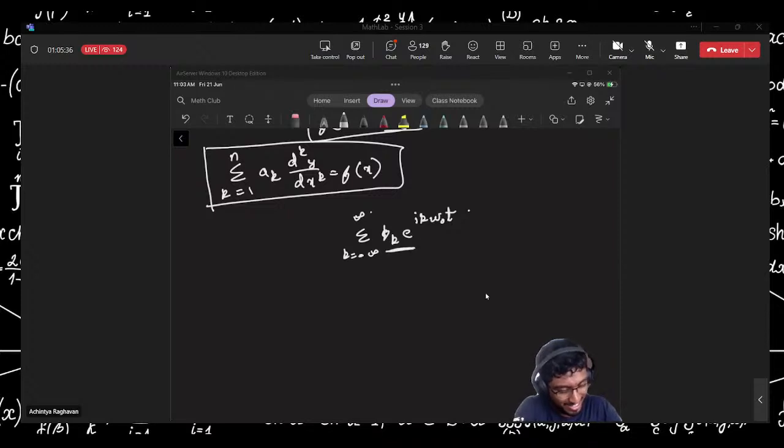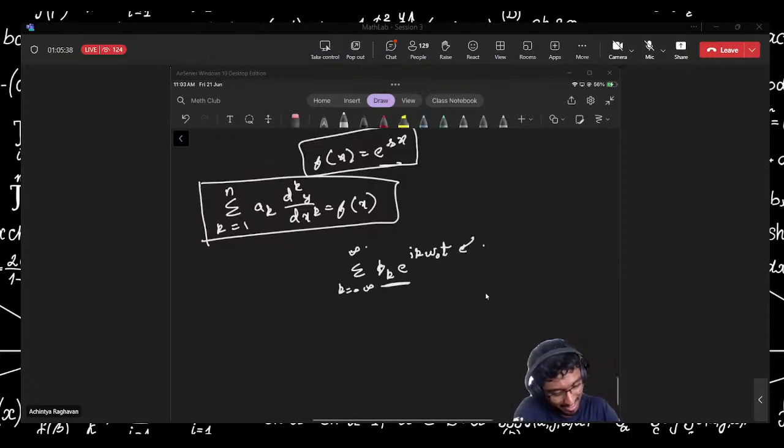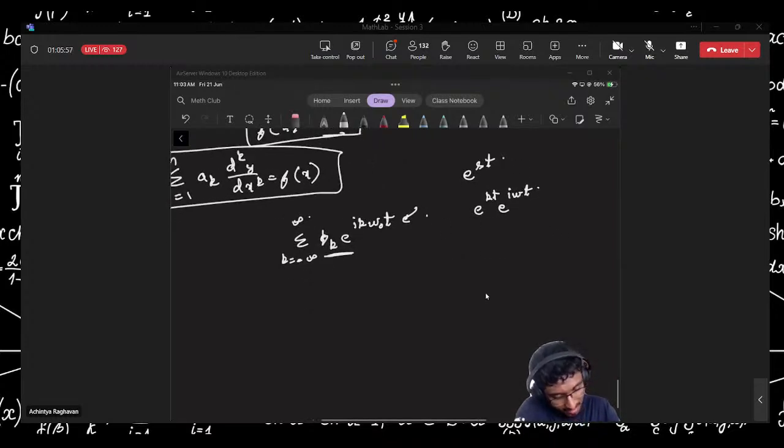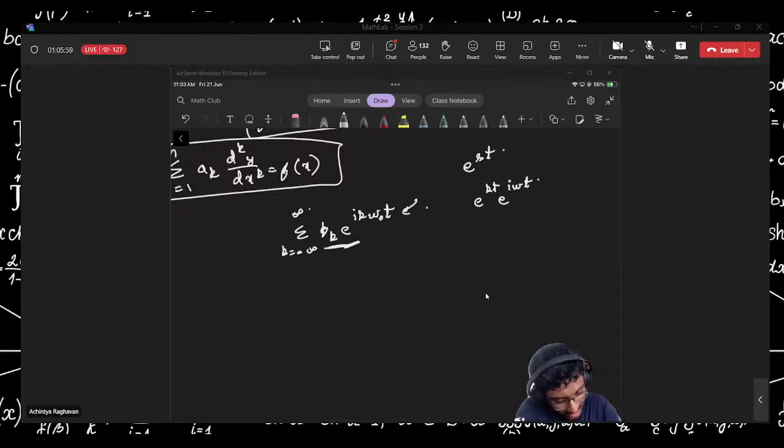Now, it seems you have downgraded the exponential, but remember the complex exponential is of the form e power st, and that is of the form e power sigma k plus e power i omega. And we have only taken the complex part. And yes, that's true. It's kind of a downgrade, but you'll see this actually turns out to be useful.